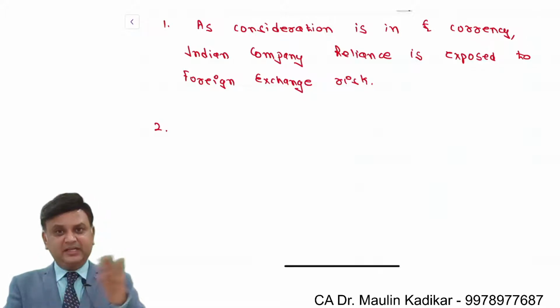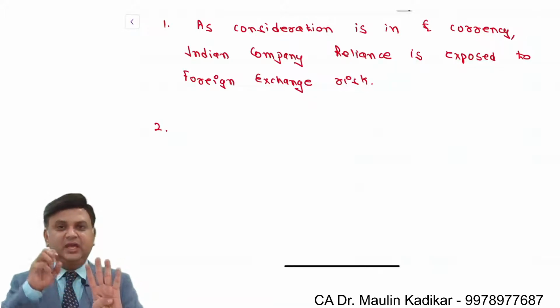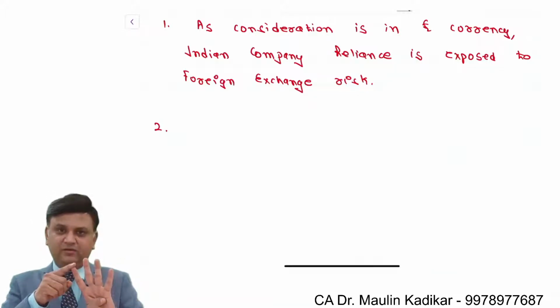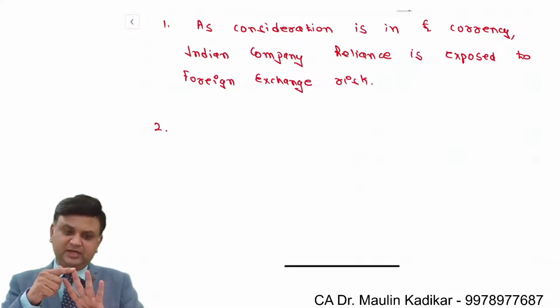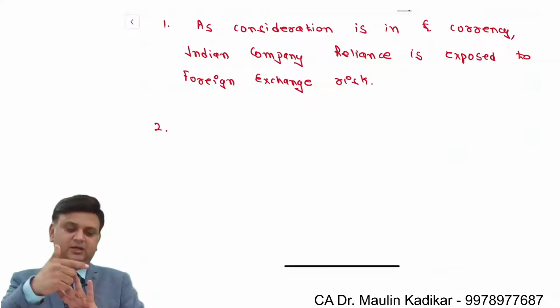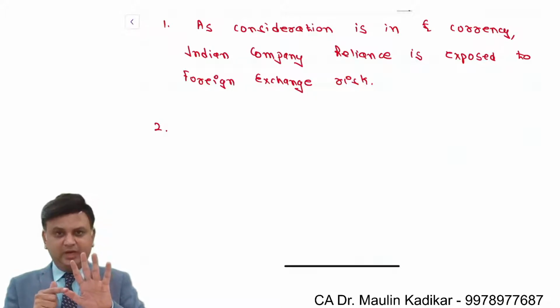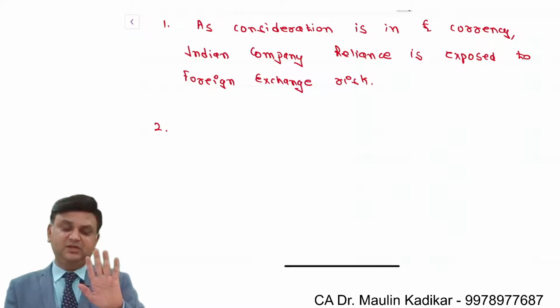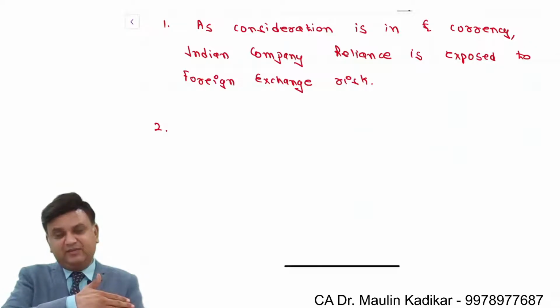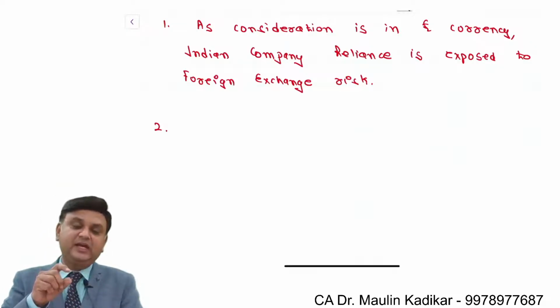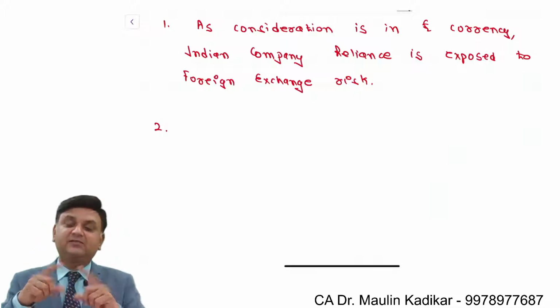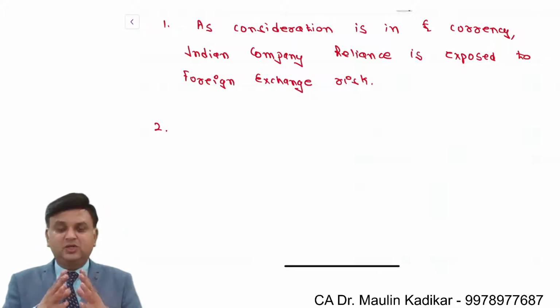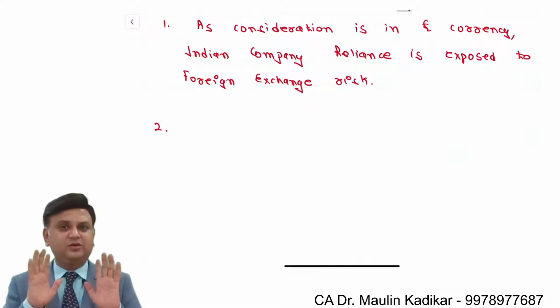Friends, later on we are going to evaluate in one question the alternatives: forward contract, futures contract, option contract, money market hedge, no hedging, and understand how we can take the best advantage in a given situation. Right now, you just focus on the forward contract.